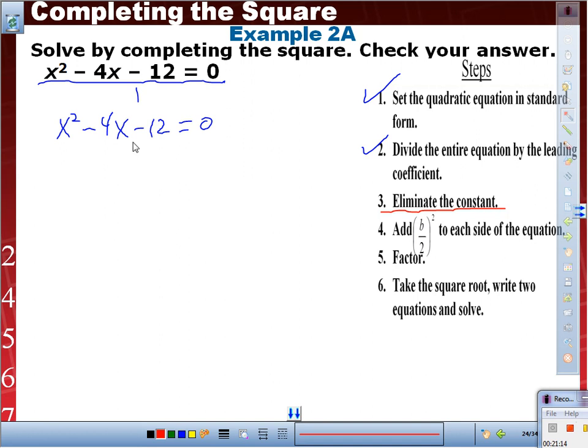Okay, you should have added 12 to each side, and you wrote x squared minus 4x, left an empty space, equal to 12. Hands if you got that. Okay, good. Step 4. Add b over 2 squared. So this is where we're going to complete the square. Do that step here, and then do the next step when you simplify. Go.